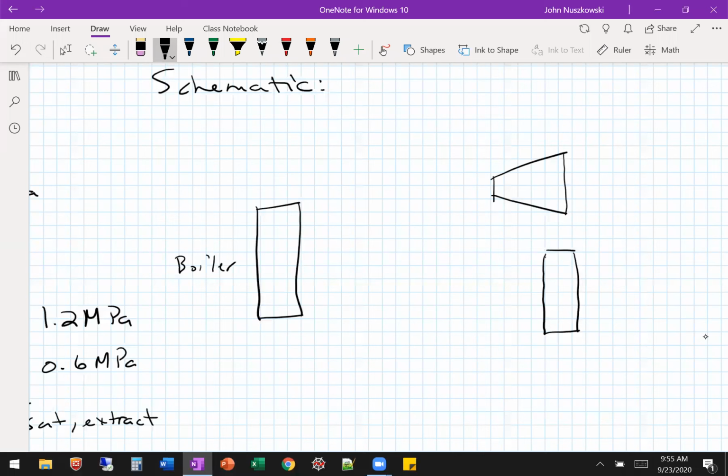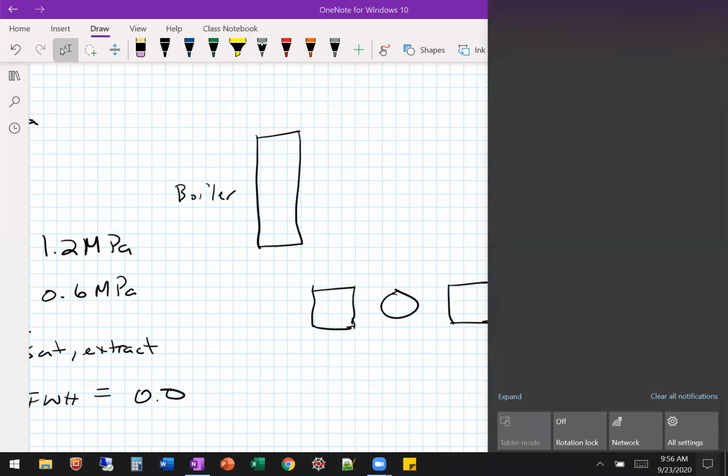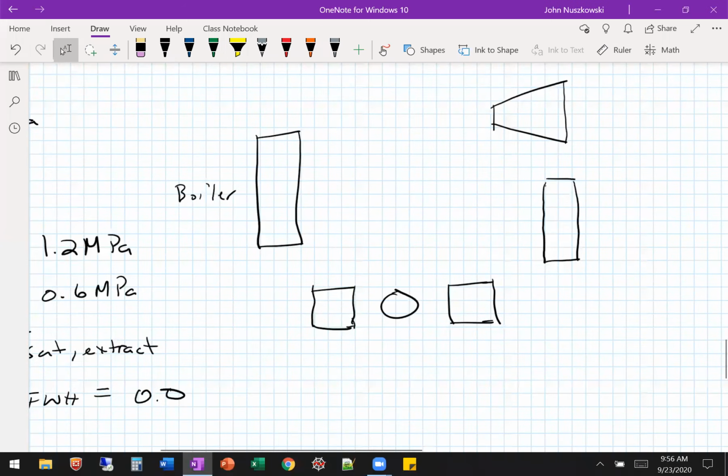Let's see if I can fit all the components easily here. We got a closed feed water heater, a pump, an open feed water heater, and another, and then another pump.